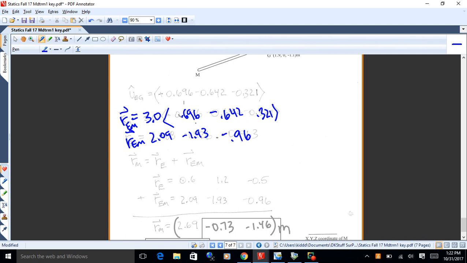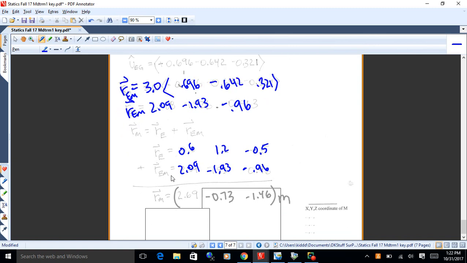So you just take the vector at E, which is 0.6, 1.2, and negative 0.5, and you add this vector to it. So that's 2.09 minus 1.93, and whatever that last one is there, negative 0.96.